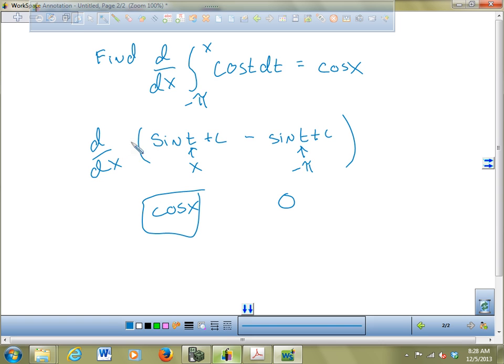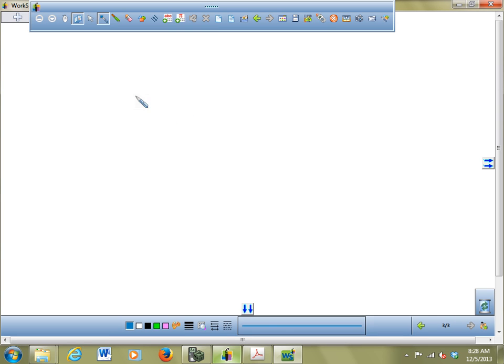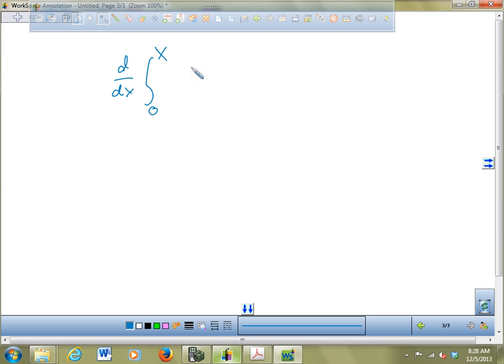Now it does get a little bit trickier, because, well, I'm just going to do all these examples. What if I wanted to do d dx of the integral from 0 to x of 1 over 1 plus t squared dt?